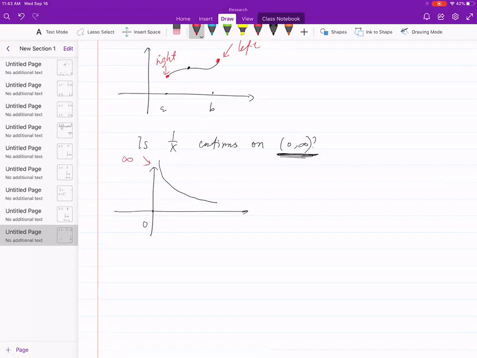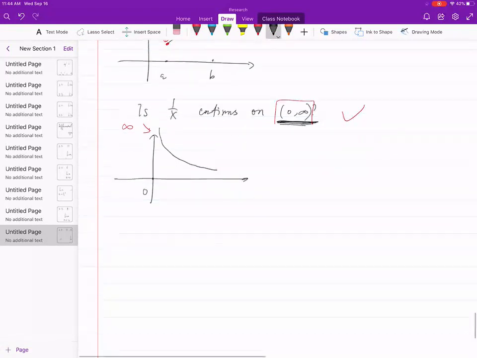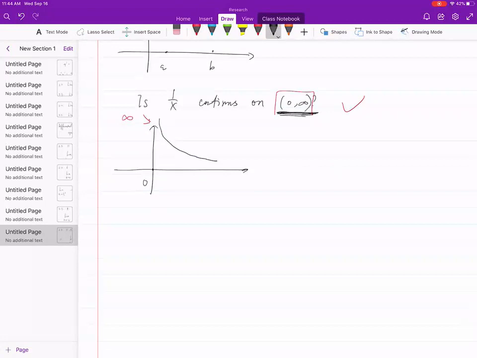But still, it's safe to say it's continuous here because it's just one point, and we don't include it. That means even if you have a vertical asymptote, as long as that asymptote does not cut your interval into two intervals, and it just happens on the right edge or left edge, it's fine. That's the point of endpoints. We don't include them.